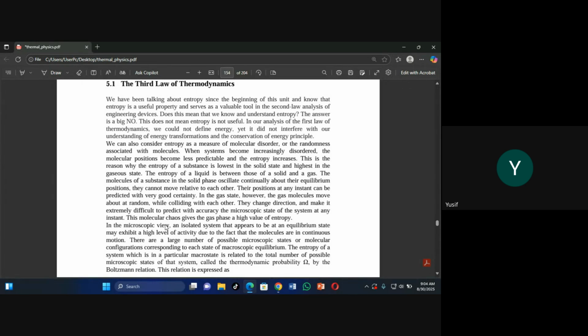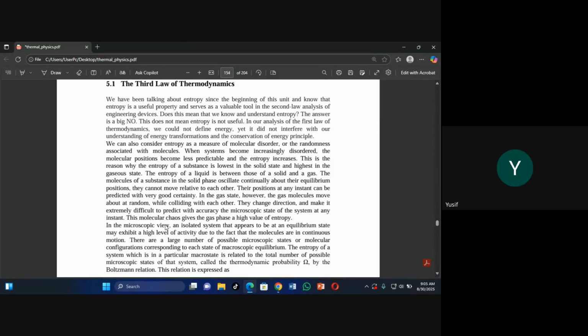So predicting the molecules in a solid medium is very easy and very certain. It is more accurate compared to the gaseous one, because with gas, as we said, they move randomly.